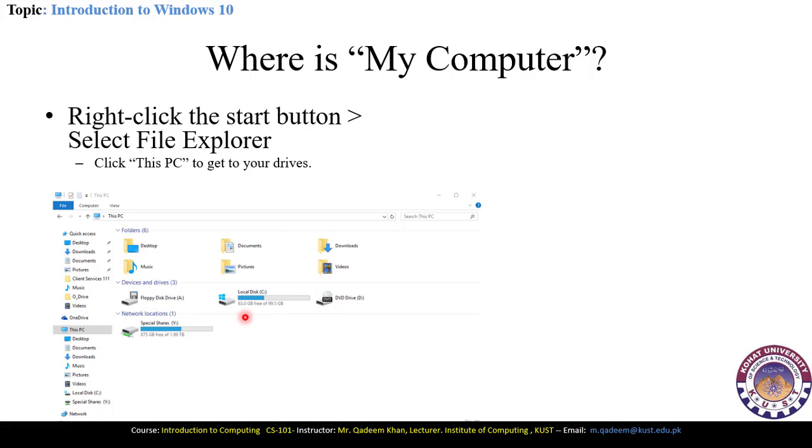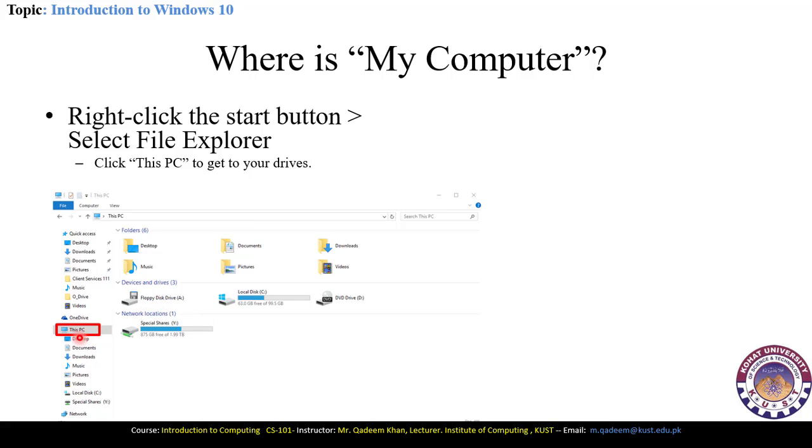You can see that there is a local disk C. Similarly, we have the special shares. There are two drives in this computer. Also, you have the floppy disk drives if you have any floppy disk. Also, you have the DVD drives here in your My Computer. So this is the My Computer view of your computer system.